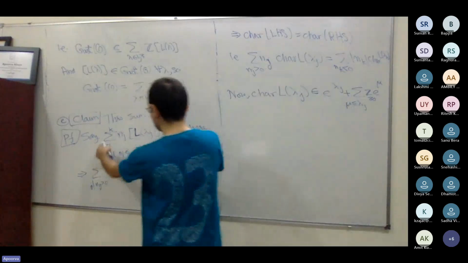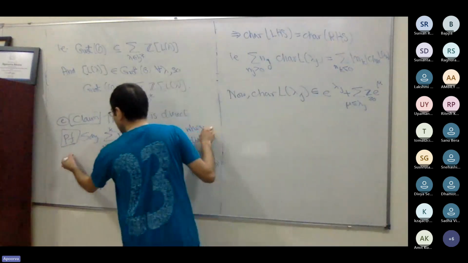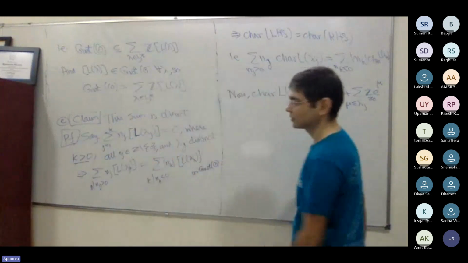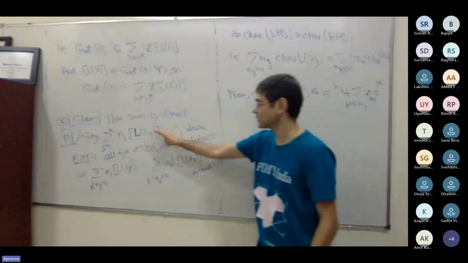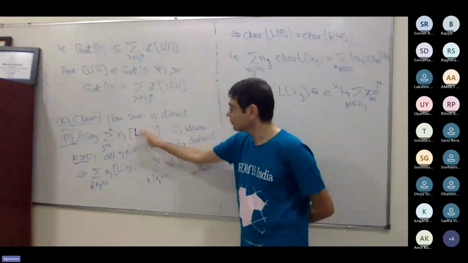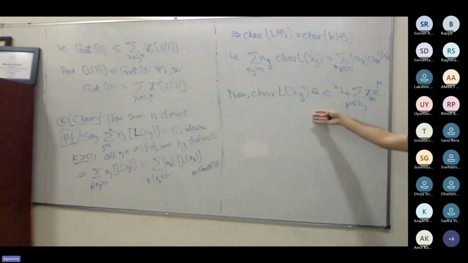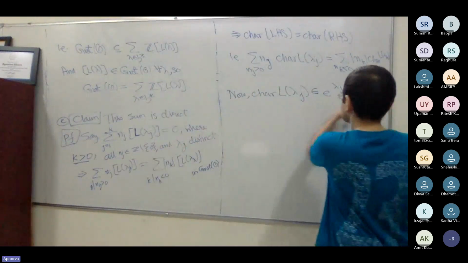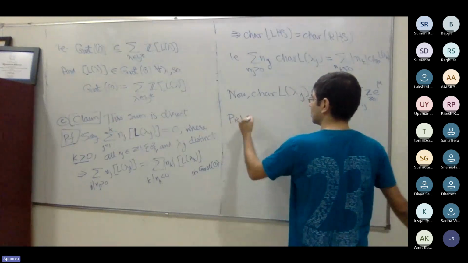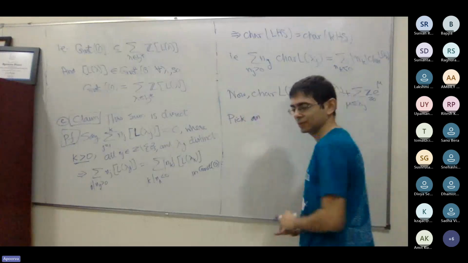I should point out, maybe I should say the following. Say the sum of nj L lambda j is equal to 0, where the sum is non-empty, k bigger than 0. There's at least one thing in the sum. I want to say the sum is direct, so I want to say that a non-empty sum is 0, and then we will produce a contradiction. So pick an index.